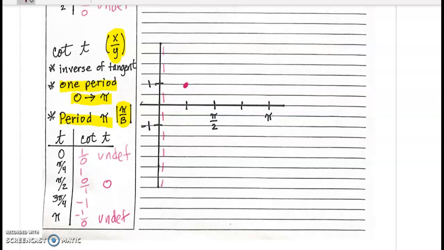At pi over 2, I'm at 0. At 3 pi over 4, I'm at negative 1. And at pi, I'm back undefined. So remember, I can't cross those vertical asymptotes. Let's go left to right. Something like that. Boom.